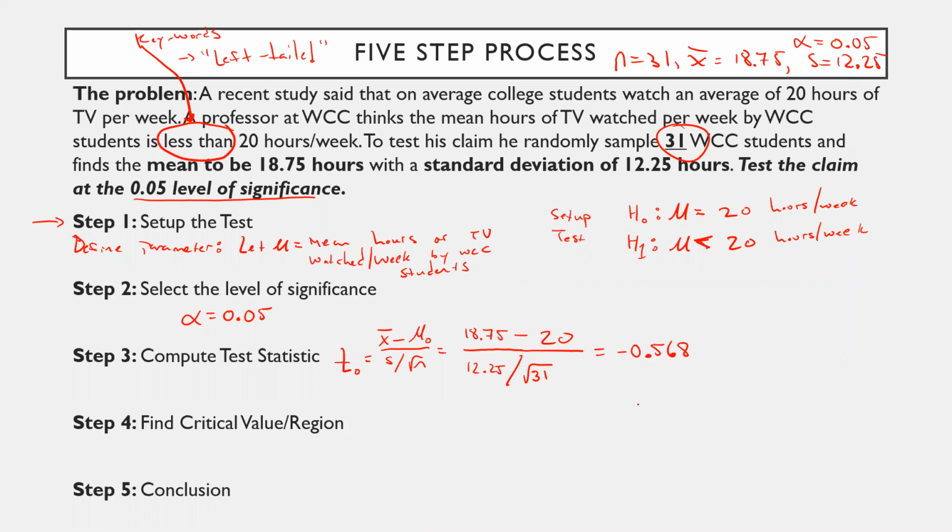Okay, so this is just a number. I took this problem and I boiled it down to one number, right here. That's it. So the next thing I need to do is find the critical value or the critical region. I'm actually going to do it over here so I have a little bit of room.